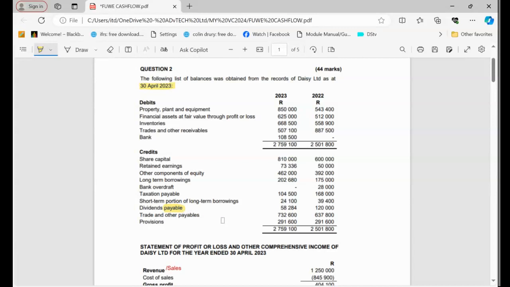This means the dividends owed. The word payable means owing. So at the end of last year, we were owing dividends of 120, which is the beginning of this year. The amount is 120.